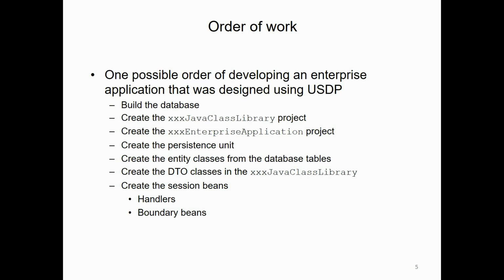You might choose to do it a different way, that's fine, but I reckon that this will give you the least hassle. There's a little bit more information in here than what we've just discussed. Build the database, okay, then create the class library project. Remember from the tutorial work, there are two projects within your enterprise application.